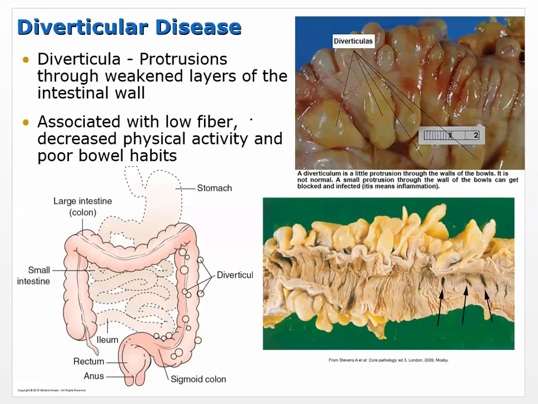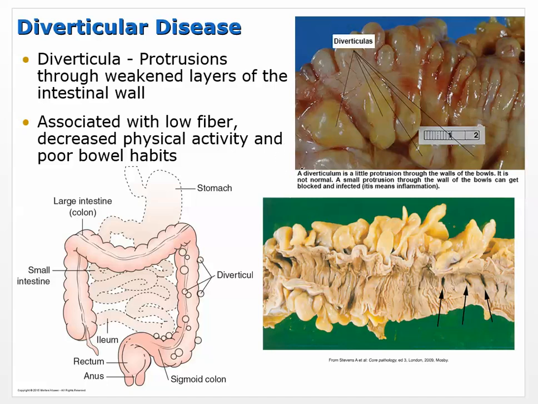One more thing that's going to lead into something else, diverticular disease. So diverticula are little outpouchings, protrusions through the weakened layer of the intestinal wall. Remember those layers of the intestinal wall that we see: the mucosal layer, the muscularis layer, the serosa.